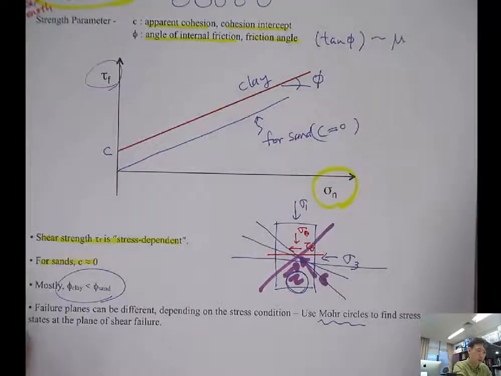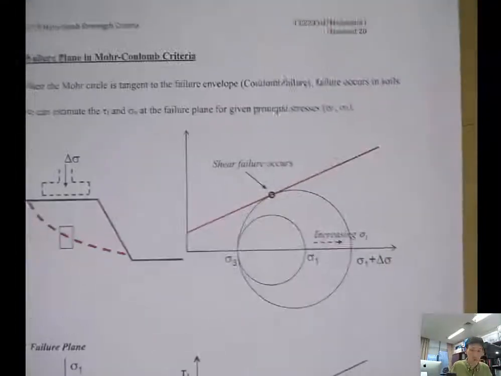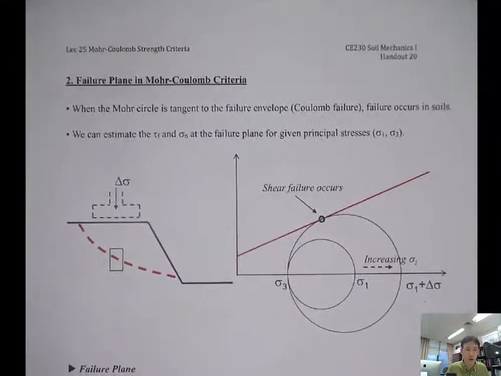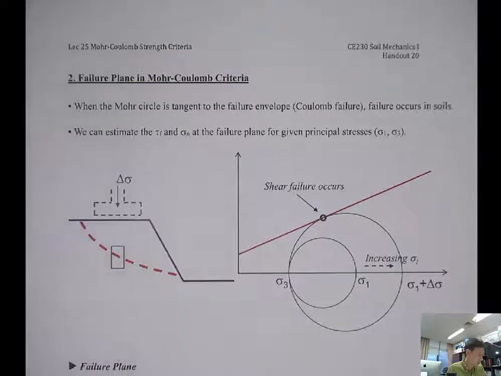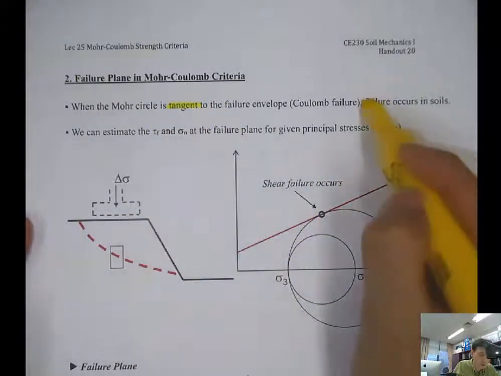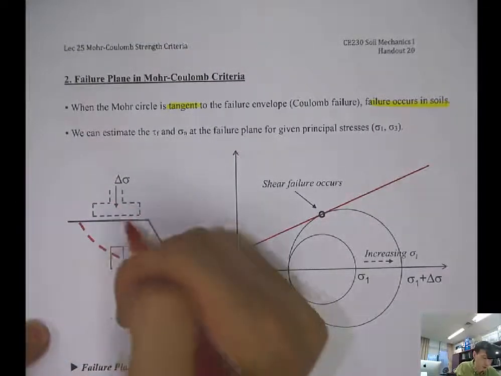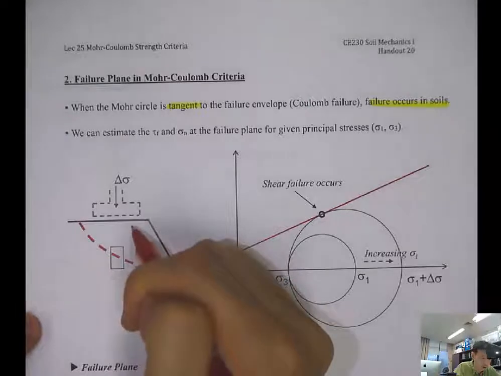Okay, the next page. The failure plane in the Mohr-Coulomb criteria: when the Mohr circle is tangent to the failure envelope, then failure occurs in the soil. Say we have a slope and we are building a foundation here.